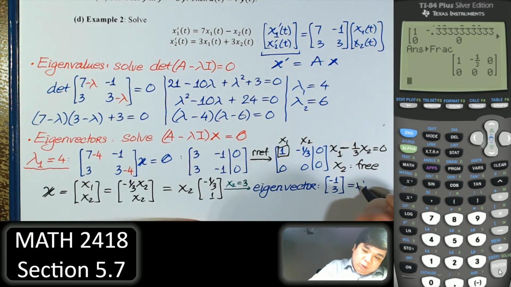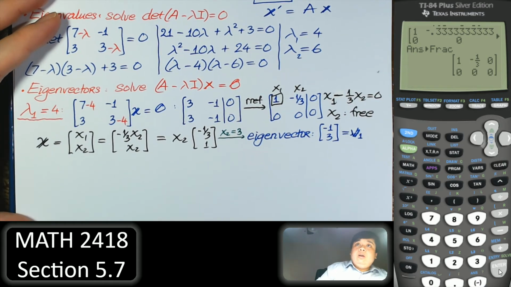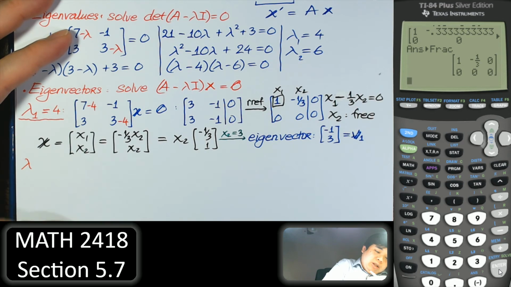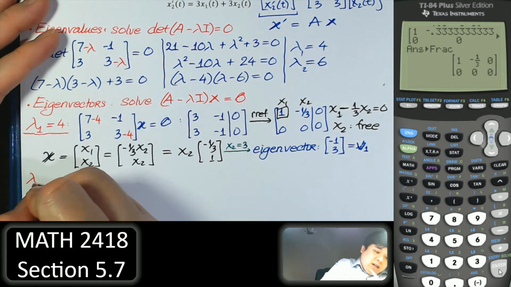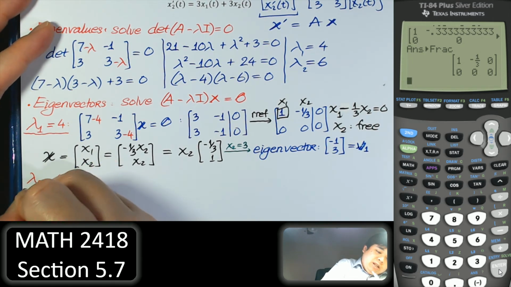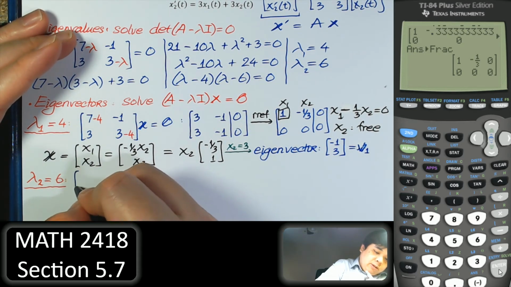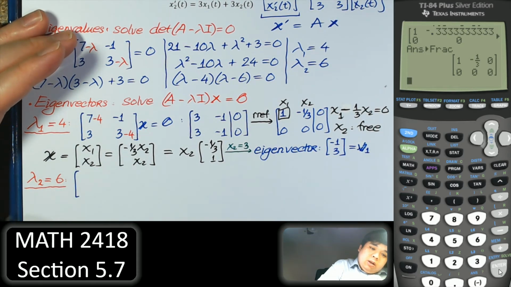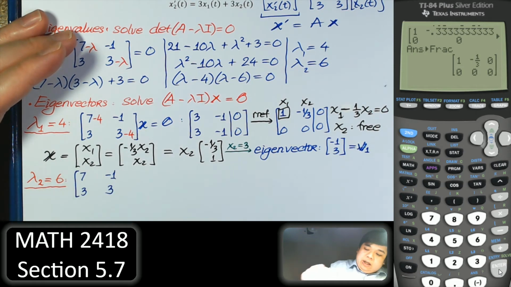Because this one we do not use the eigenfunction. The solution is not using the eigenfunction. We use the diagonalized version. Now I have 6. Right, so 7 minus 1, 3 and 3. Now we minus 6.